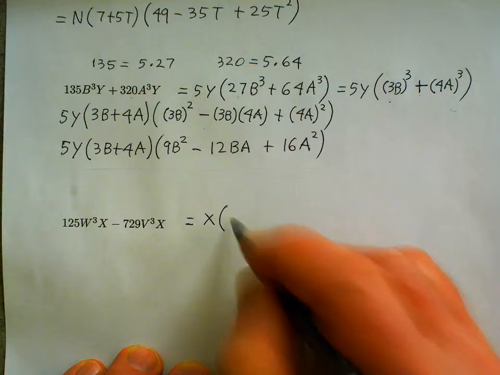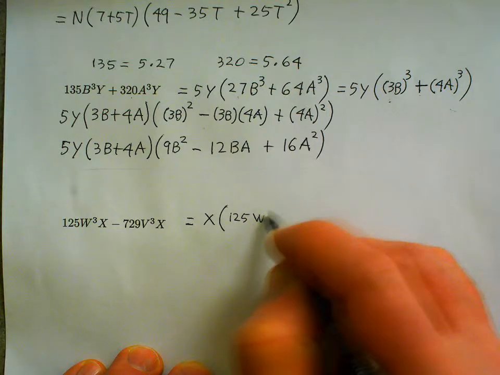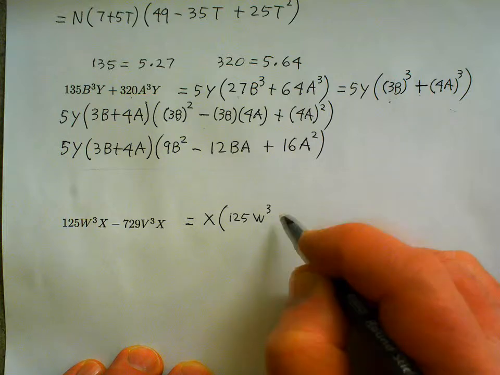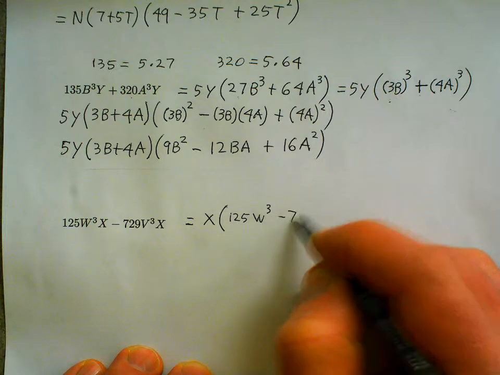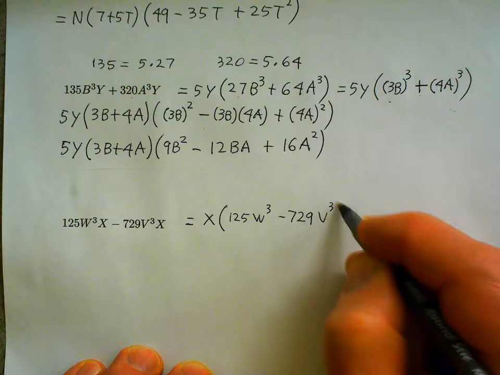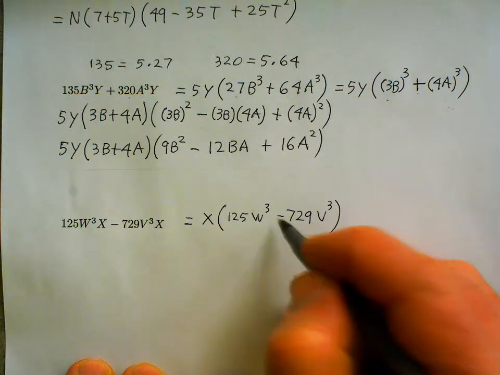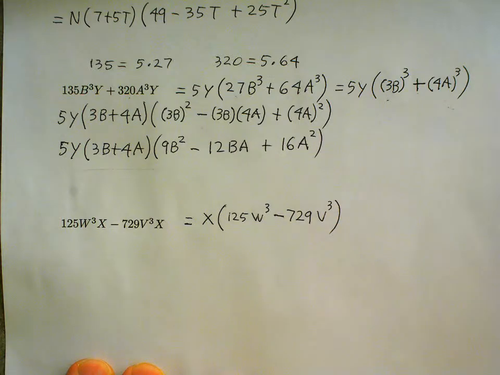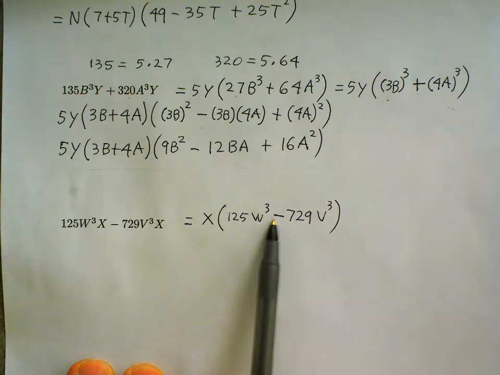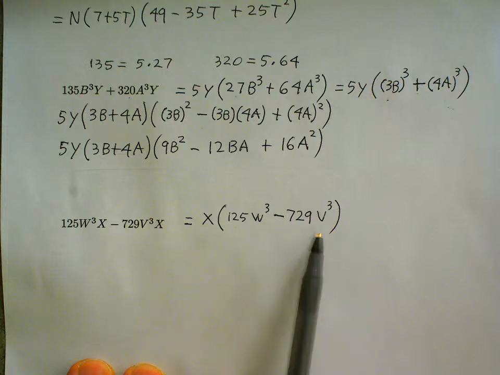And x times the quantity 125w to the third minus 729v to the third. Okay, well, inside the parentheses, we have a difference of cubes.